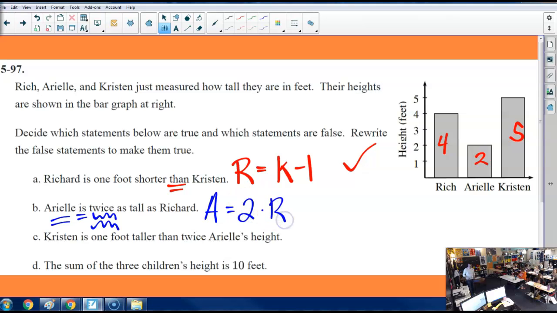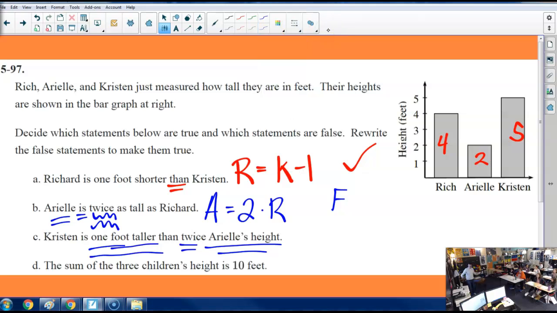So, Toby, if you were going to fix that statement, what should it actually say? Richard is twice as tall as Ariel. If we switch the names around, Richard is twice as tall as Ariel. That could work.